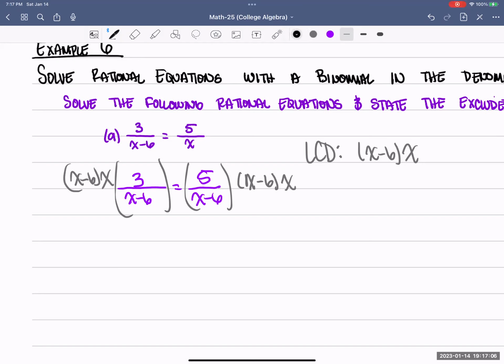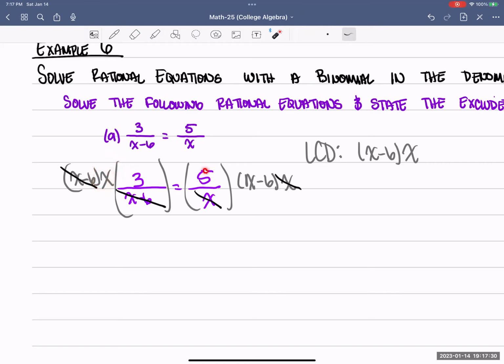Over here on the left side, the x minus 6 divides out with the x minus 6. Over here on the right side, oh, it looks like I wrote it down incorrectly. There we go. So now the x divides out with the x. Now everything matches, and we just have to multiply by whatever we have left over. Here we have the x that we're going to distribute.